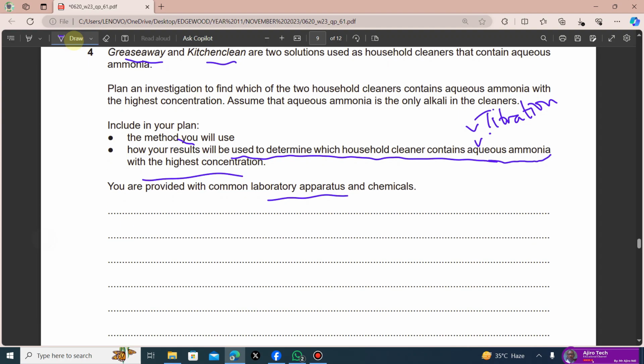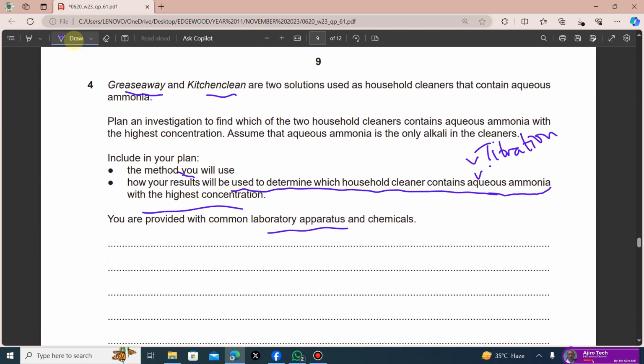All right, since you are comparing 2 household cleaners, step 1 is to use equal volumes of the cleaners. So we measure equal volumes. That's the first step.